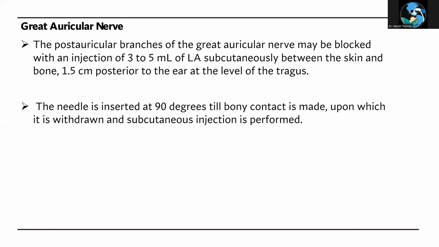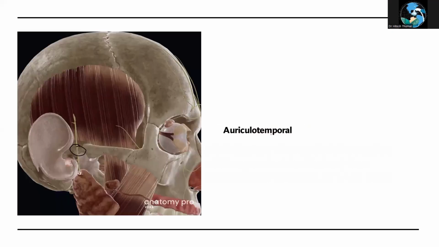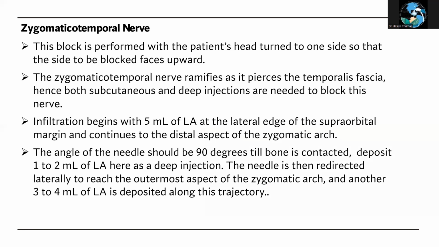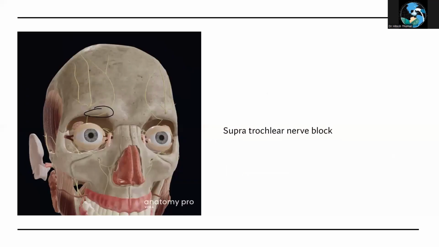Coming to the scalp block, you must know the anatomy, so I want to revise it again in a few seconds so that you will never forget. This is the supraorbital nerve and the supratrochlear nerve. These two nerves are present at the supraorbital margin. It is very easy to identify the supraorbital notch by palpating the supraorbital margin.